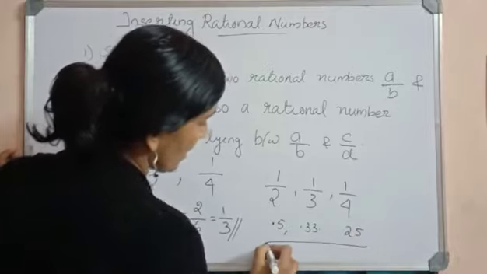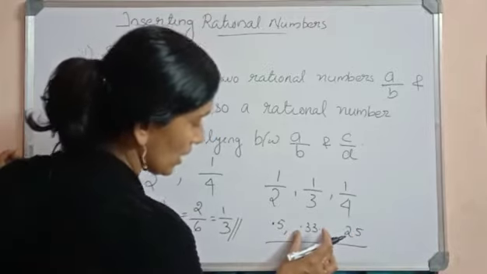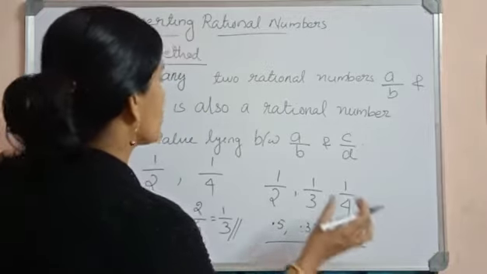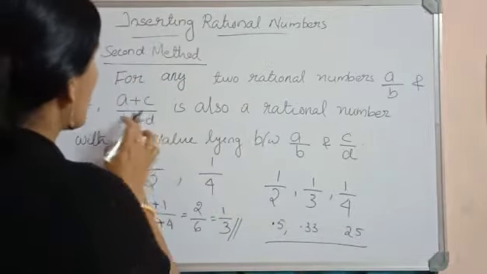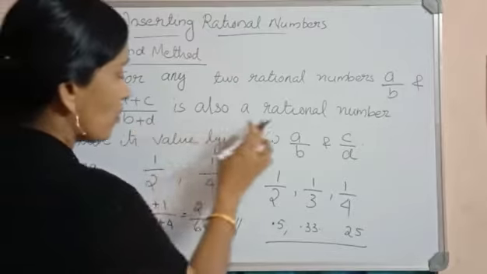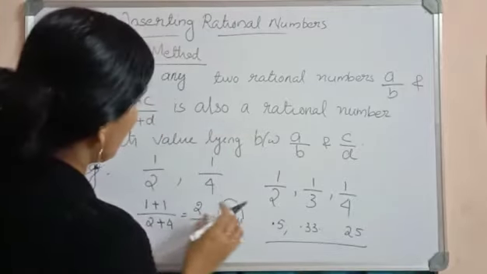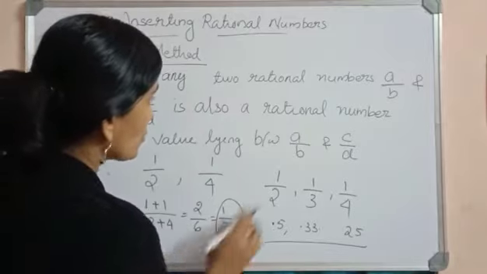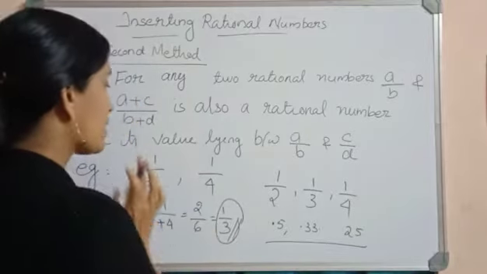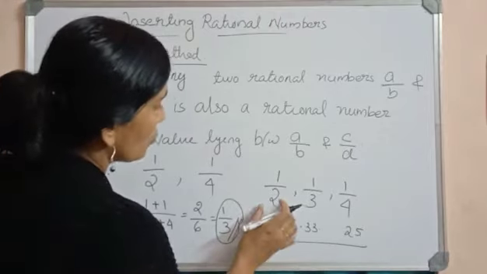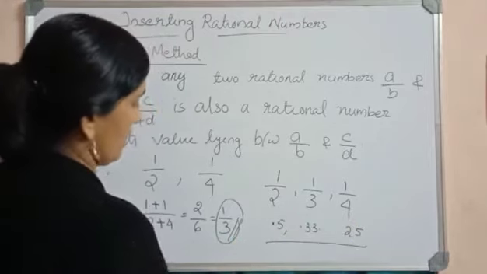So obviously we can say that 0.33 is lying between 0.5 as well as 0.25. So according to this condition, (a plus c) by (b plus d) is also a rational number. We are getting 1 by 3 as the middle term here, and its value is lying between the two given rational numbers.